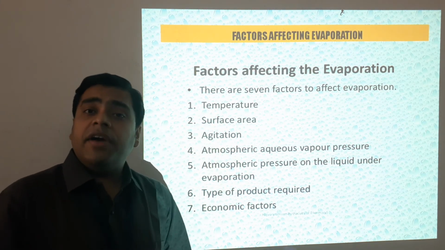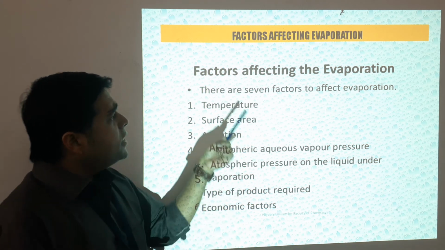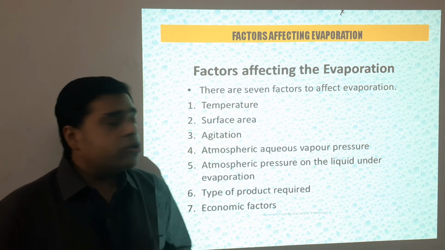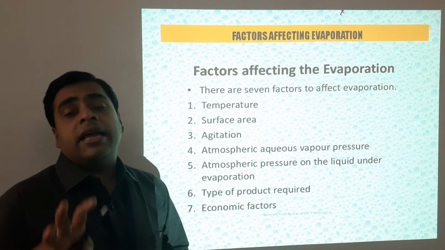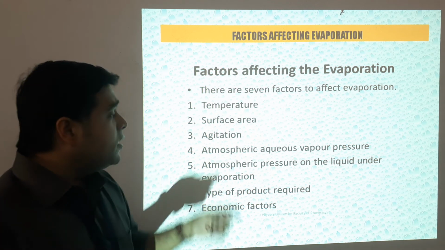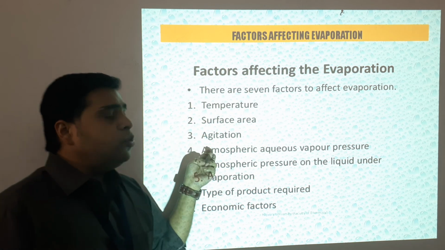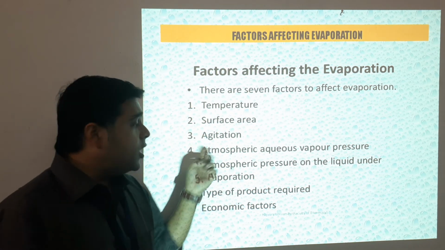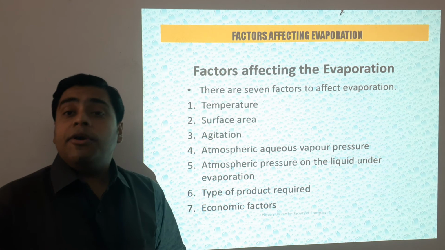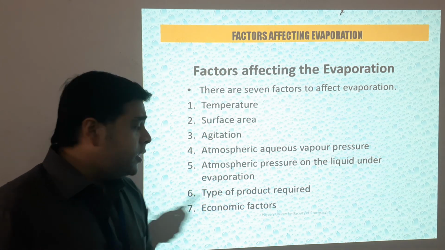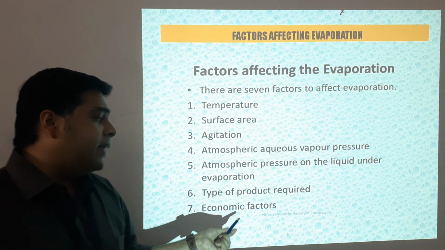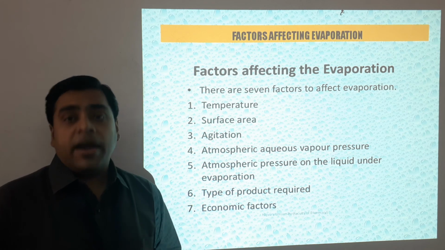We'll first classify, then come to the details. These factors were evident from the equation also. Seven factors affect the rate of evaporation: the temperature, the surface area, the agitation, the atmospheric aqueous vapor pressure, the atmospheric pressure on the liquid under evaporation, the type of the product required, and the economic factors.